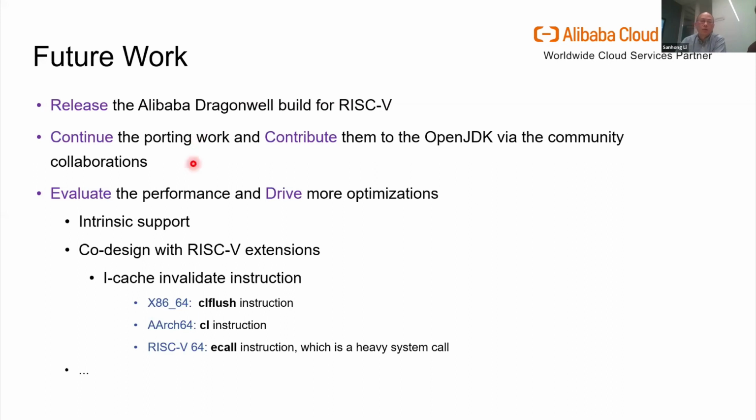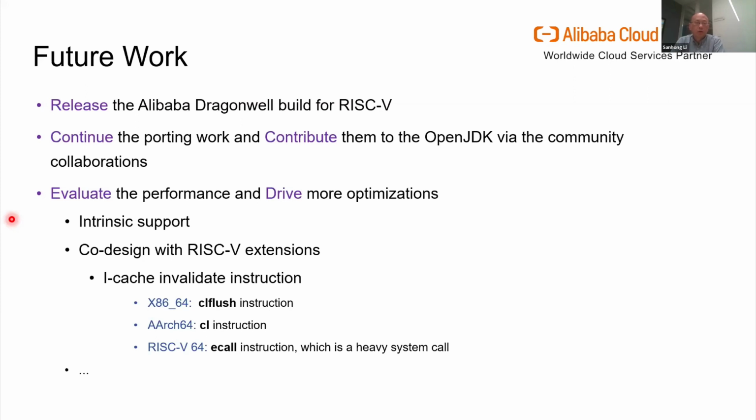Another is that we will continue to work with the OpenJDK community, give our port work and our enhancements to the community, and let the OpenJDK community accept the port, so that RISC-V could be a supported platform in OpenJDK. Another work is that we will continue to evaluate the performance and try to find more optimization opportunities.